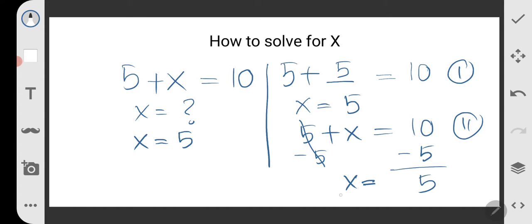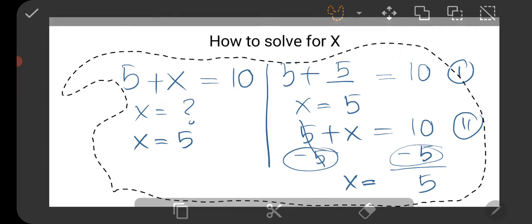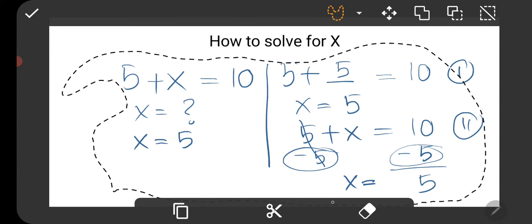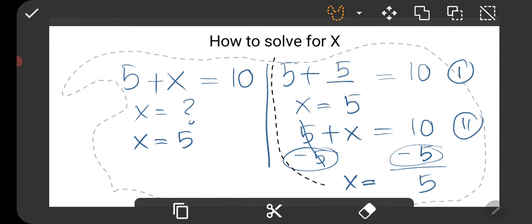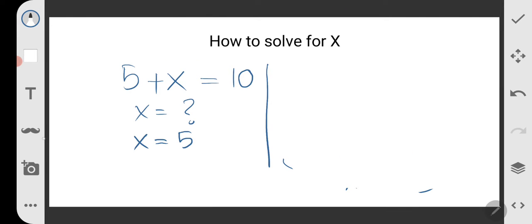Now, let's see why we are actually subtracting 5. So let's delete this part. Why are we subtracting 5?